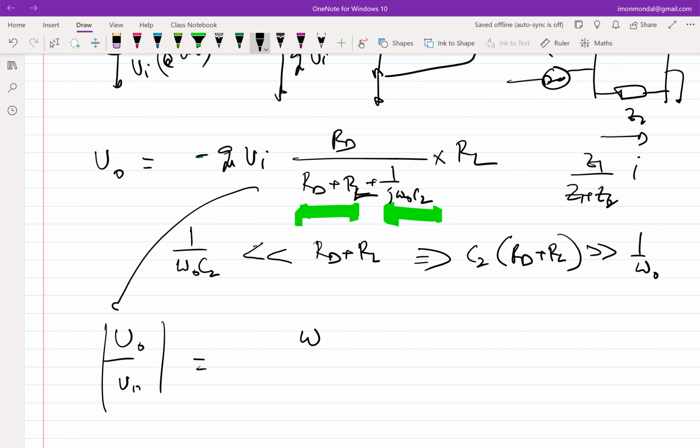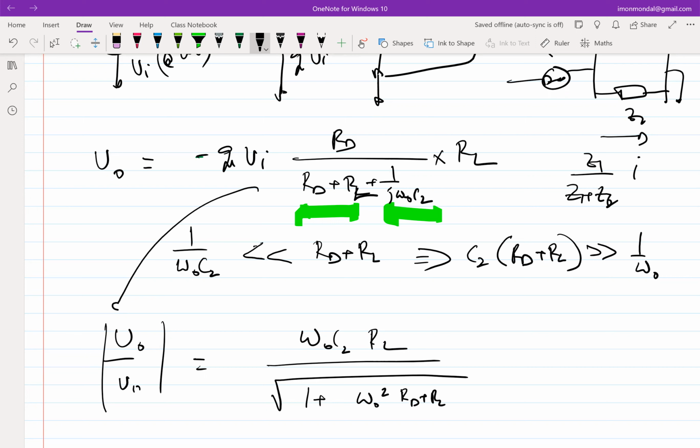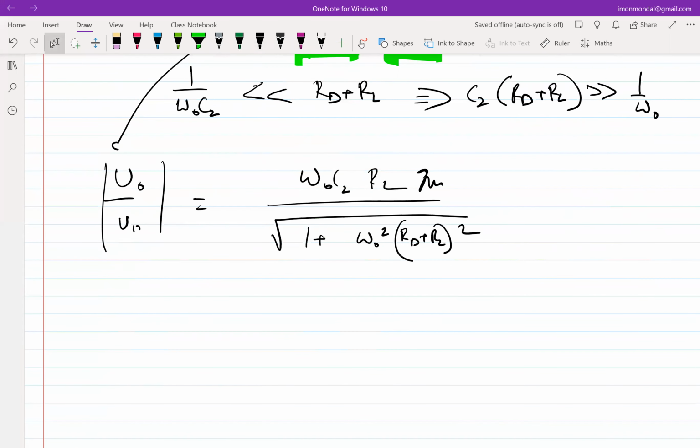It will be GM times C2 times RL by under root 1 plus omega squared C2 squared times RD plus RL whole square. So if I sketch the Bode plot of this, what should I get?